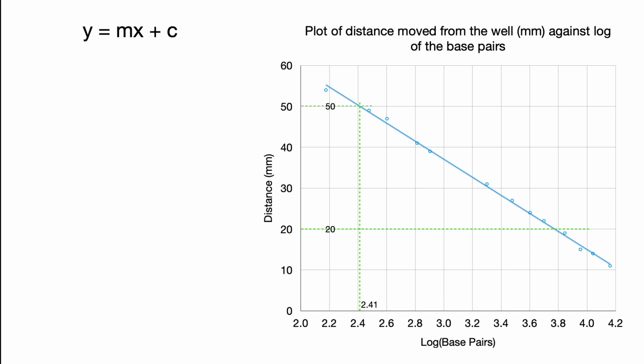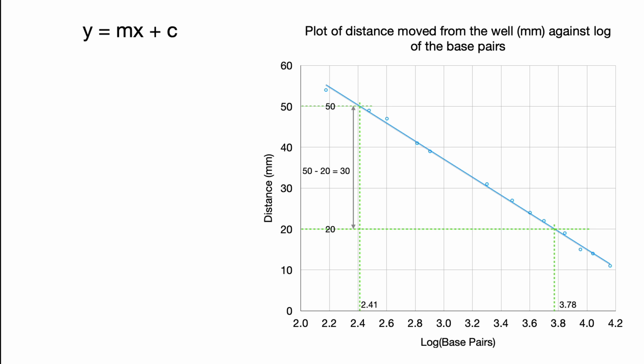As we all know, 50 minus 20 gives us a value of 30. So this means we've got a rise of 30 millimetres. The next thing we need to do is calculate the distance travelled to get that rise. To calculate that, I take the 20 line and I drop another line down to the log base pair axis.